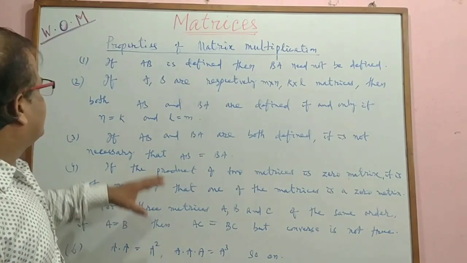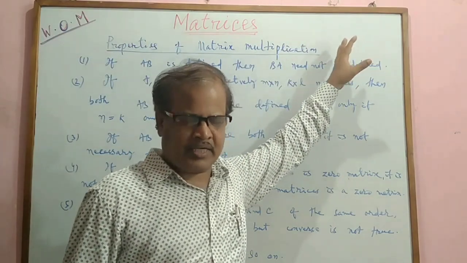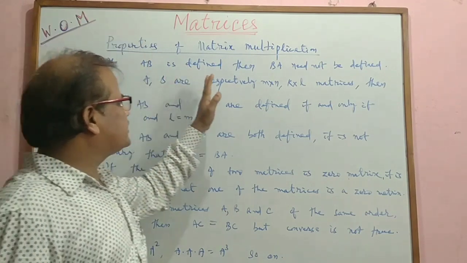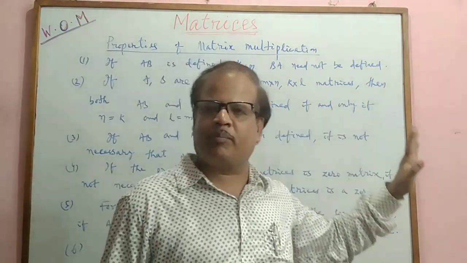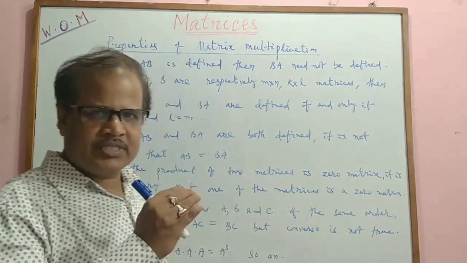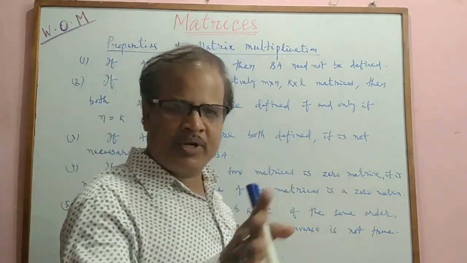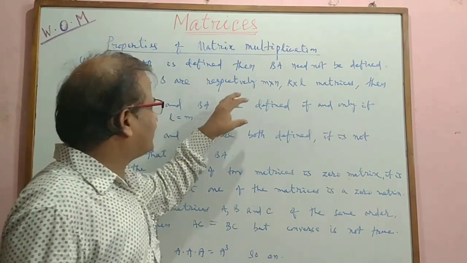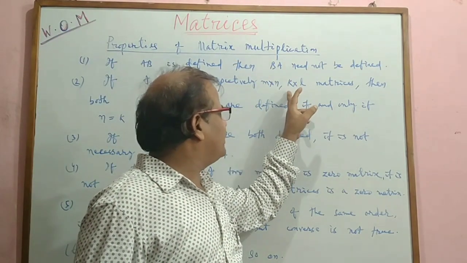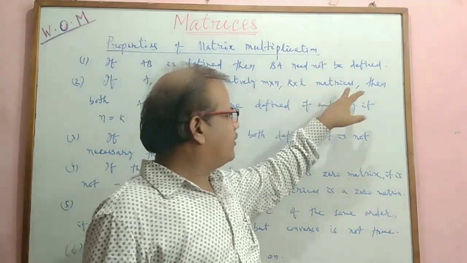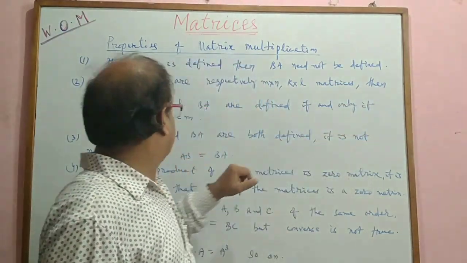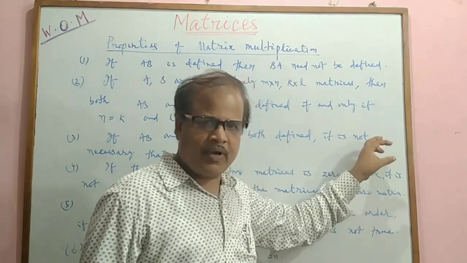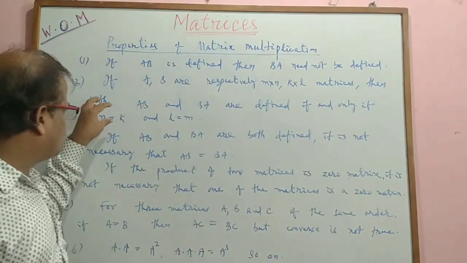Here are some properties of matrix multiplication. The first one is, if AB is defined, then BA need not be defined. Second, if A and B are respectively m by n and k by l matrices, then both AB and BA are defined if and only if n is equal to k and l is equal to m.